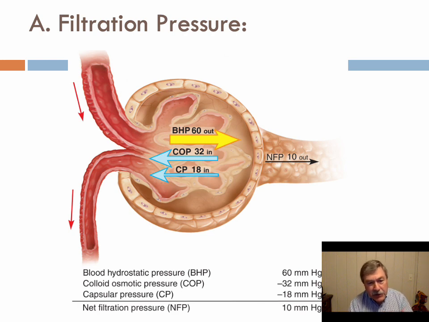But that's low enough that if there's a drop in blood pressure to the glomerulus, that could very much reduce glomerular filtration. And if glomerular filtration stops, then the waste products in blood are not going to be removed from the blood. And urea will build up in the blood until it becomes toxic.